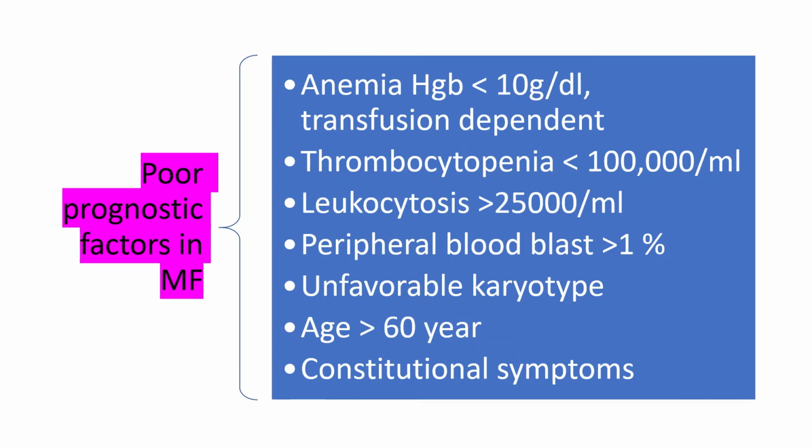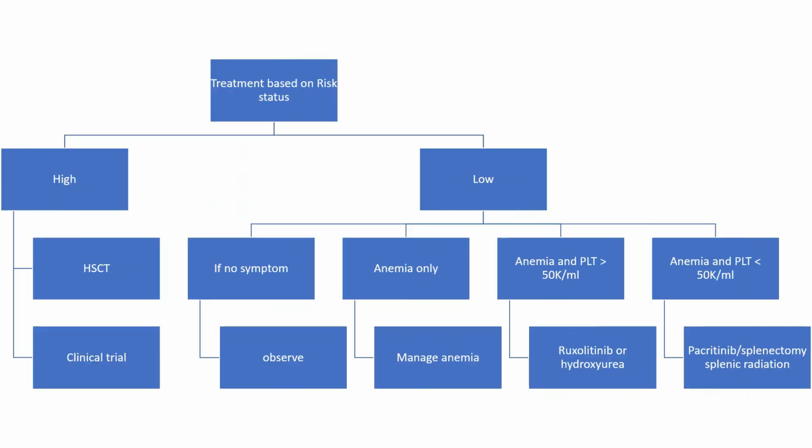There are poor prognostic signs for risk stratification, including anemia less than 10, transfusion-dependent patients, thrombocytopenia less than 100,000, leukocytes above 25,000, peripheral blood blast more than 1%, unfavorable karyotype, age greater than 60 years, and constitutional symptoms. All these are prognostic factors.